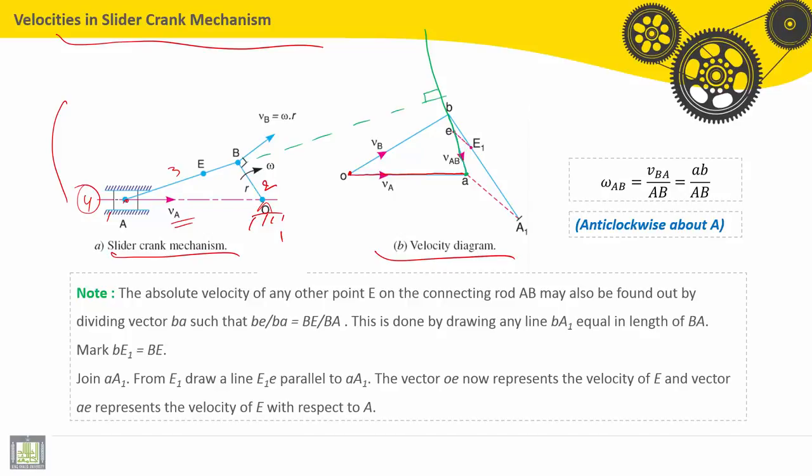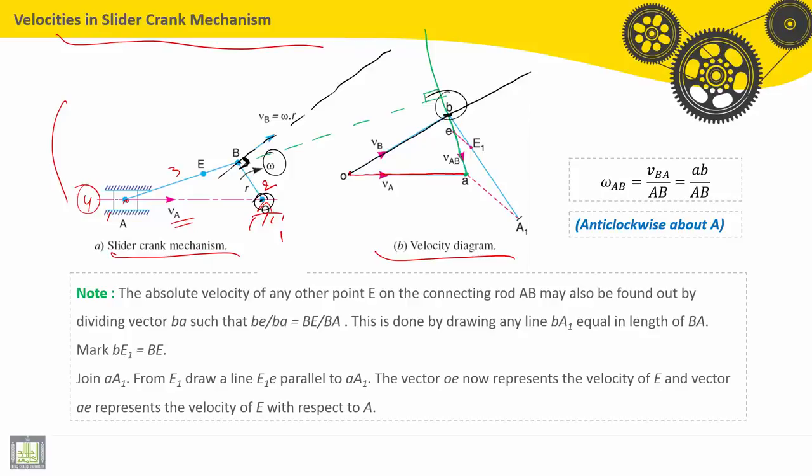Now we draw a line passing through O and parallel to VB. VB is perpendicular to OB in the space diagram, because OB makes a rotation about O. The intersection here is the point B.